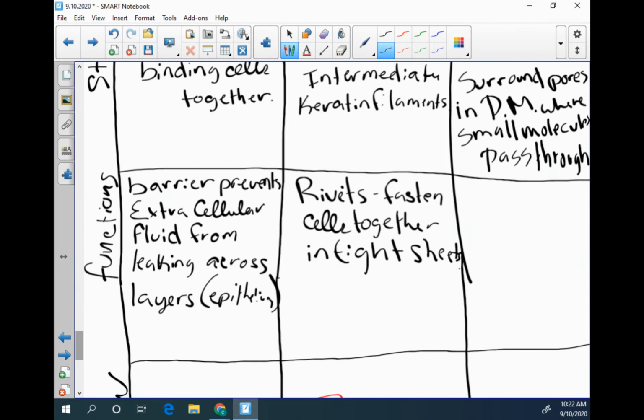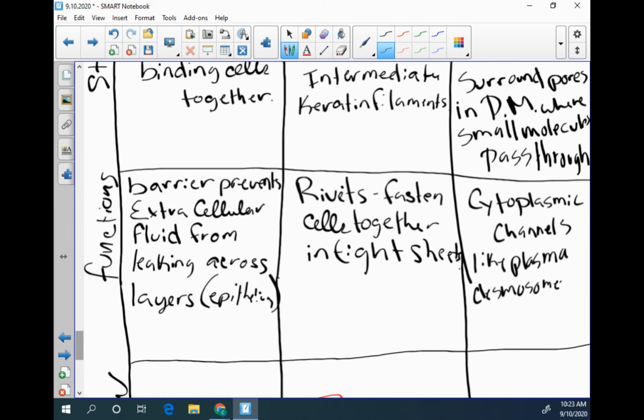Functionally, they provide cytoplasmic channels from one cell to the other. So they essentially act like plasmodesmata did for the plant cells.